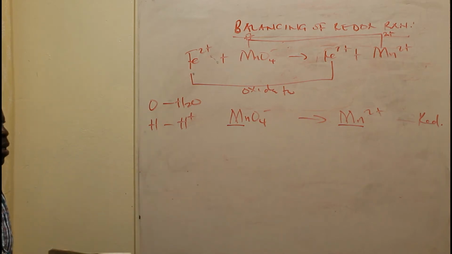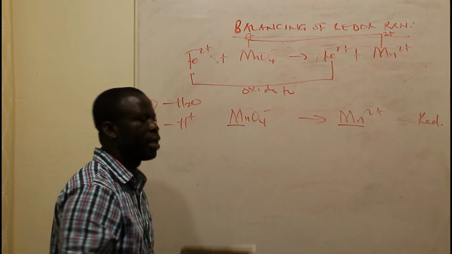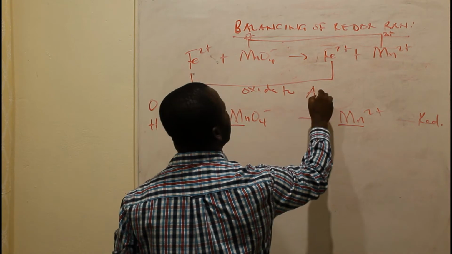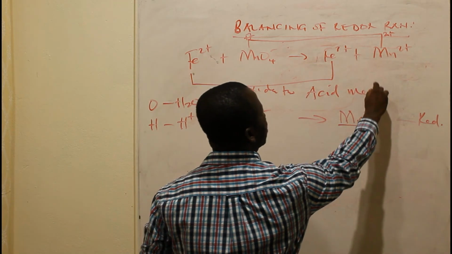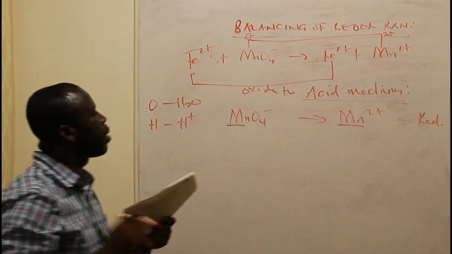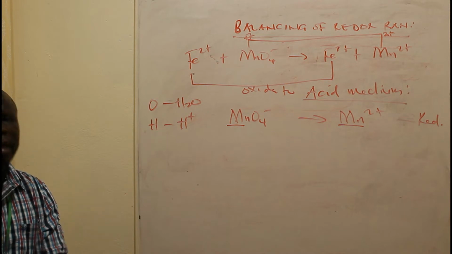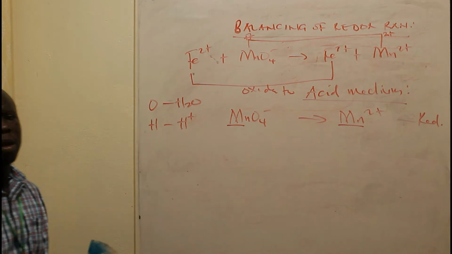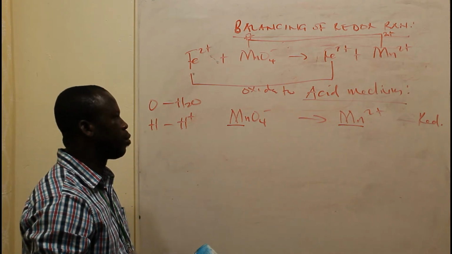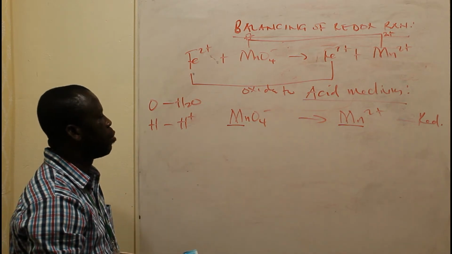In this case, we are balancing in acidic medium or acid medium. Under this one too, we have balancing in acid medium and balancing in basic medium. So with this one, we are doing it in an acidic medium.